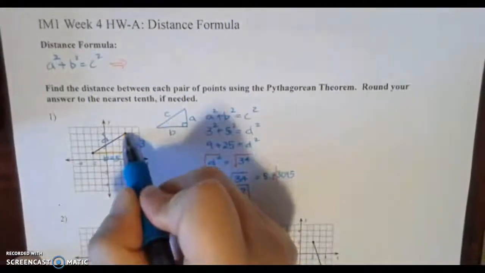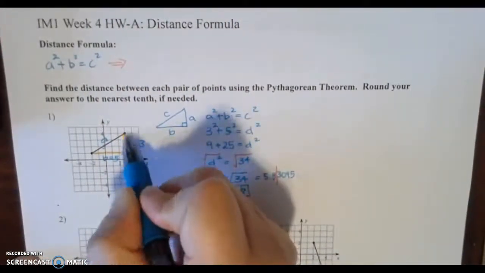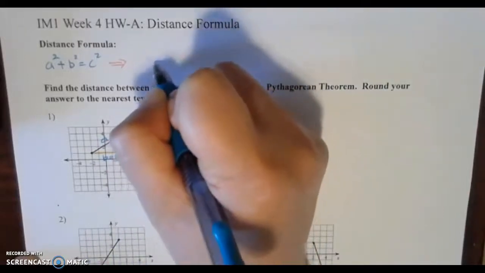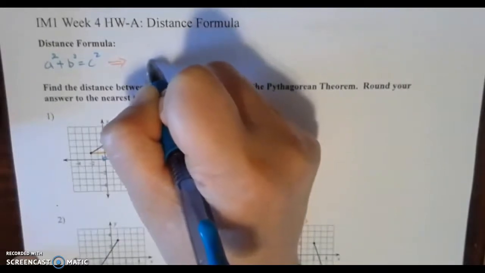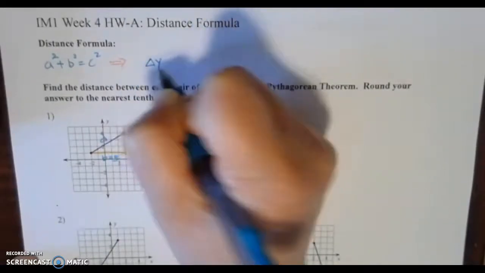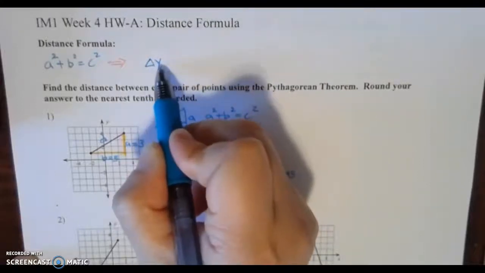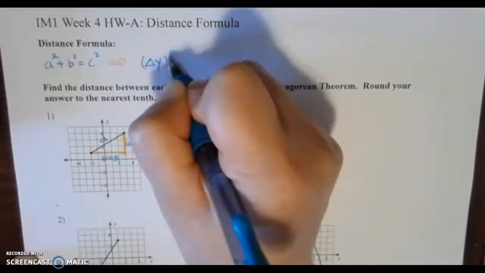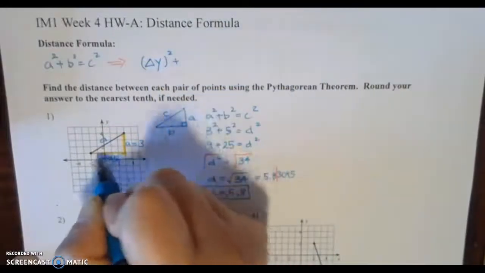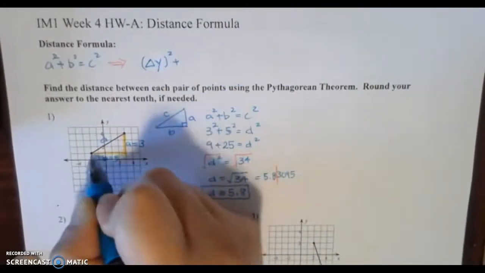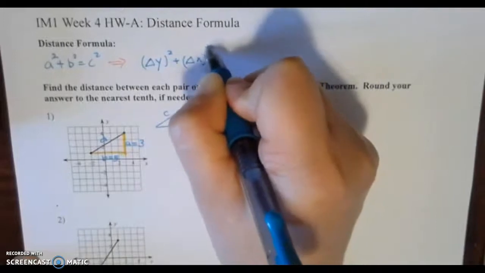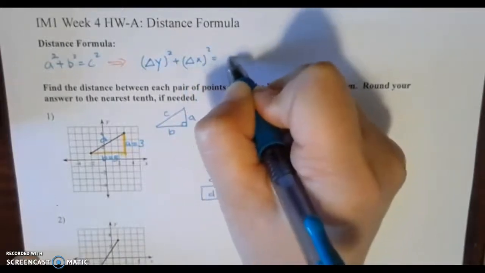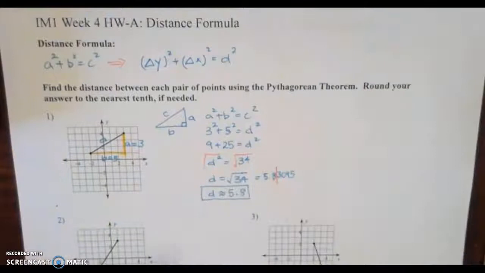A squared is how much the y value changed, or we can call it change in y, all squared, plus b squared, which is how much the x coordinate changed, change in x squared, is equal to distance squared.